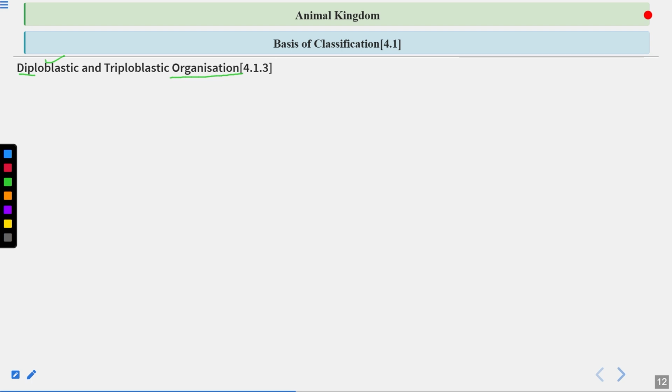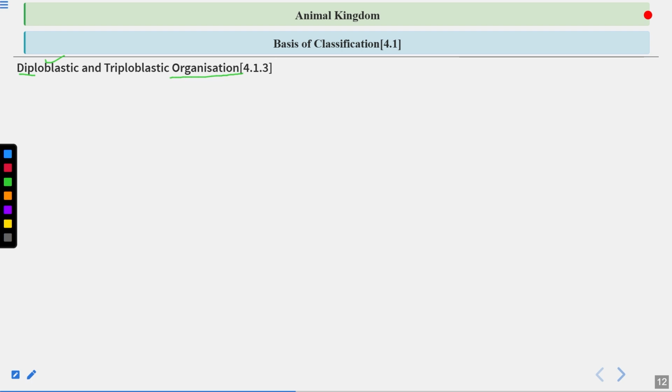Now, what happens to these cells? They arrange themselves into layers: the outermost layer, the innermost layer, and the layers in between. On the basis of this arrangement, we have two types of organization, diploblastic and triploblastic.